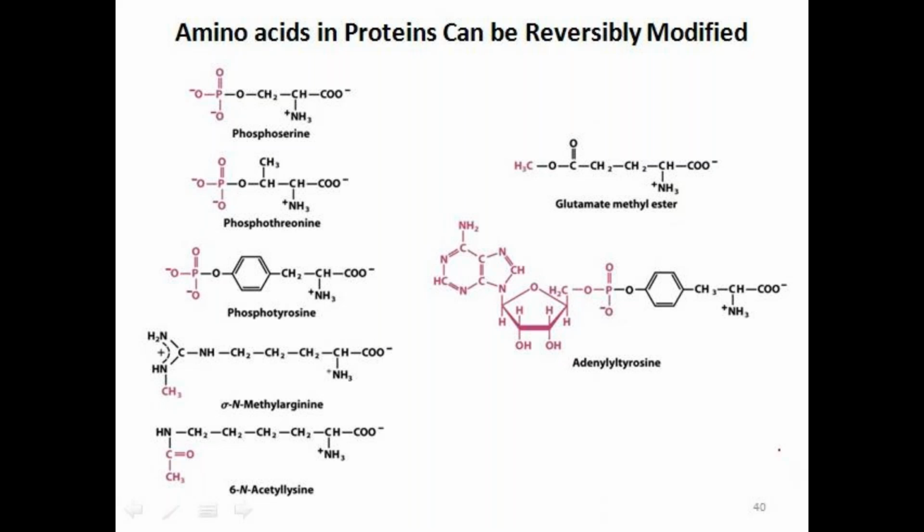Phosphate groups are added to serine, threonine, tyrosine, and also arginine. Methyl groups, acetyl groups, and glutamate groups are also added to the amino acid. That means they can change their side chains by adding different groups, so they can be reversibly modified.